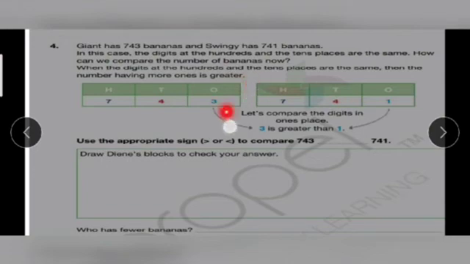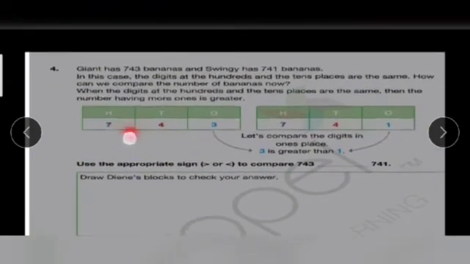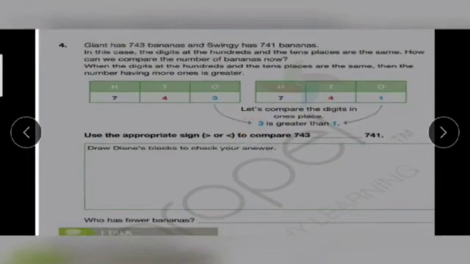Now we have to compare the number on the ones place. Here 743, here 741. Here 7 is on the 100 place, here also 7 is on the 100 place.